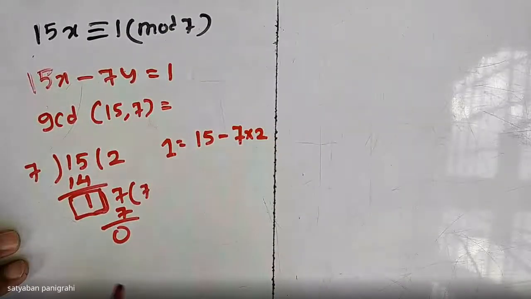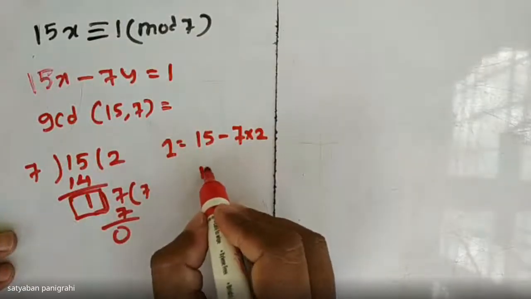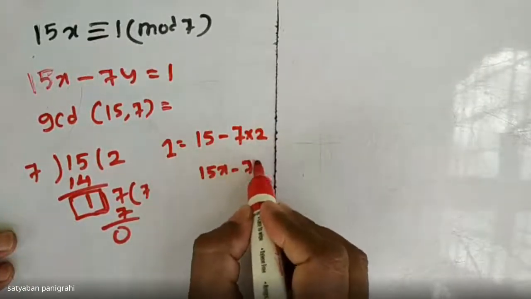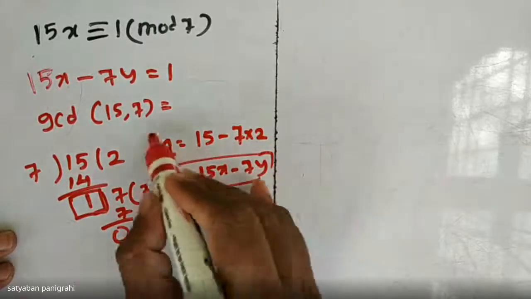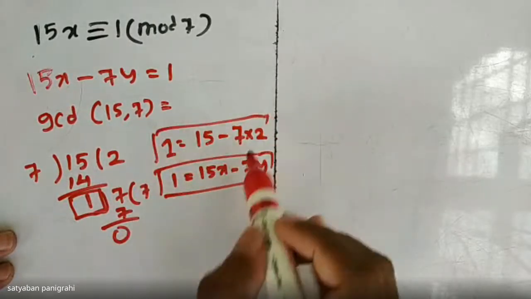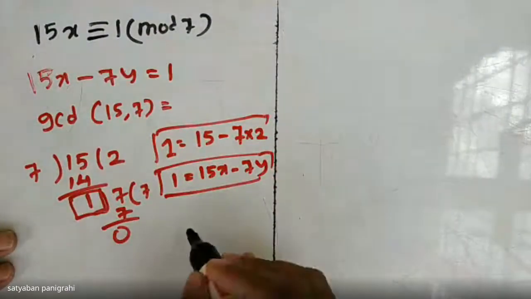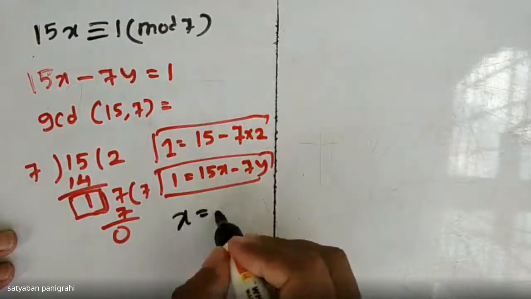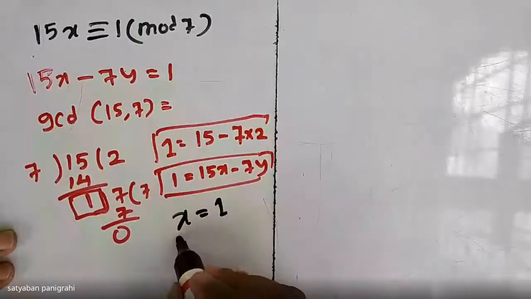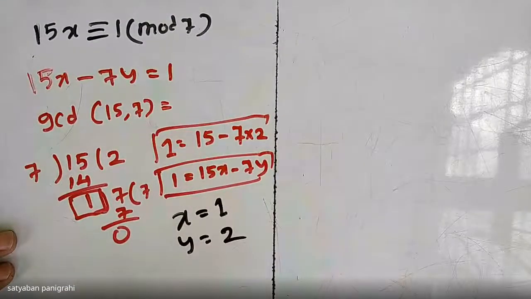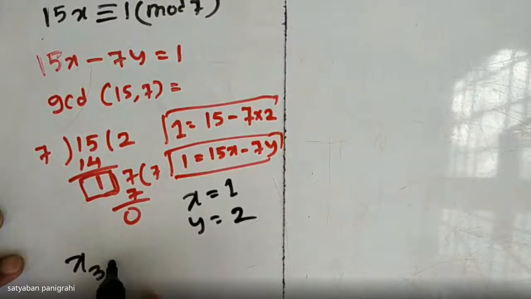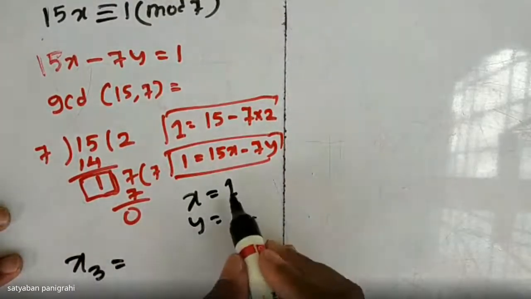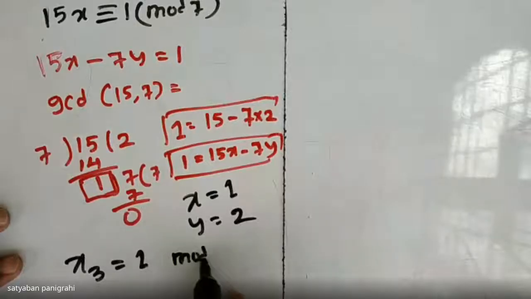Now compare with 15x minus 7y as 1. So comparing this, what did we get? x value as 1 and y value as 2. So my next solution, x3, is 1 mod 7.